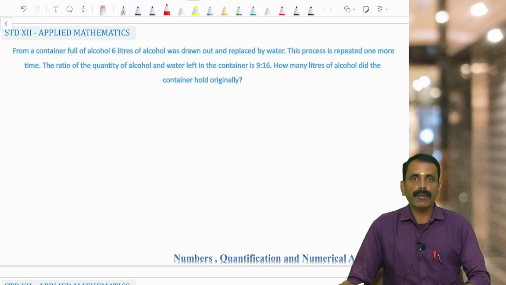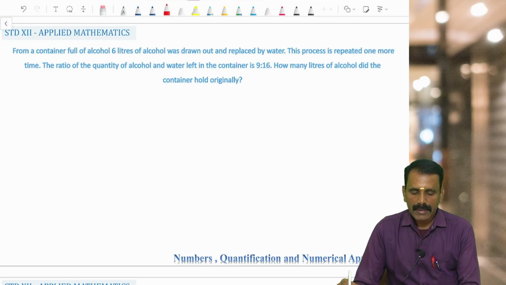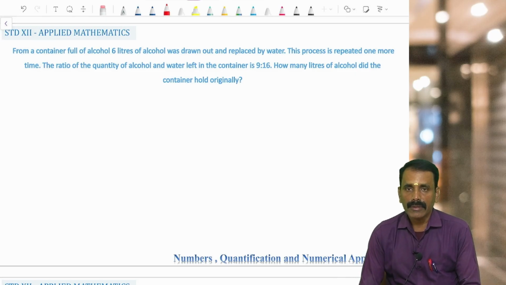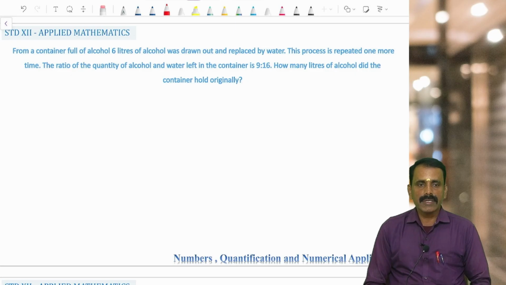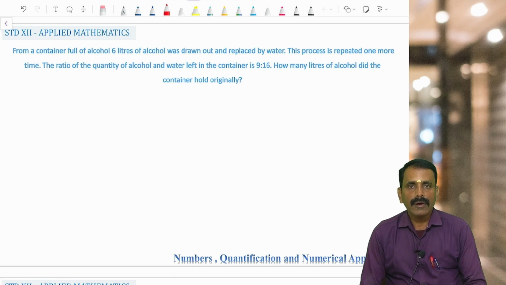Now we are having a different problem now. From a container full of alcohol, 6 liters of alcohol was drawn out and replaced by water. Certain amount of alcohol is there, and we are going to replace every time 6 liters of alcohol with water.